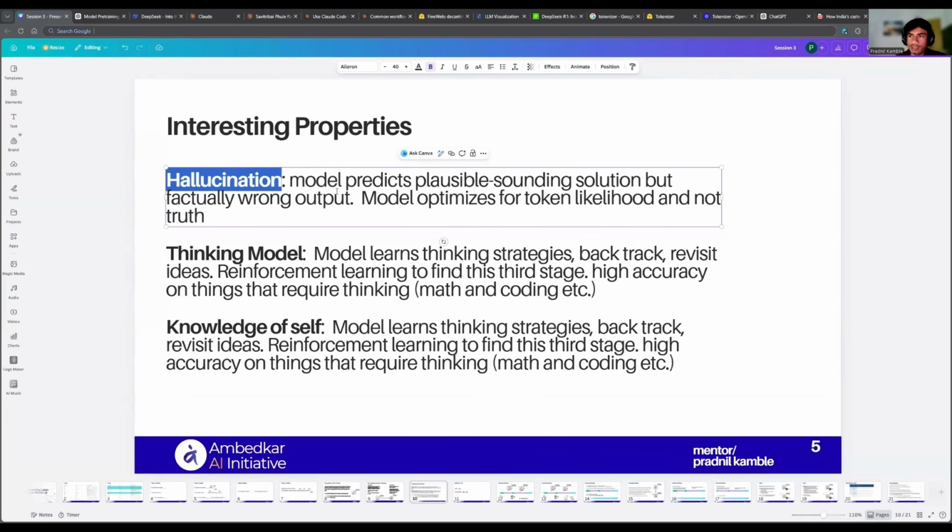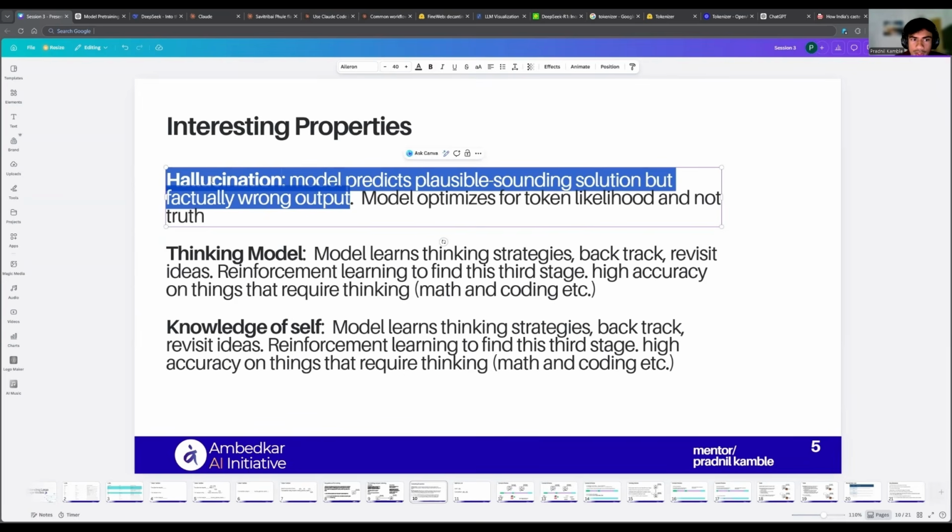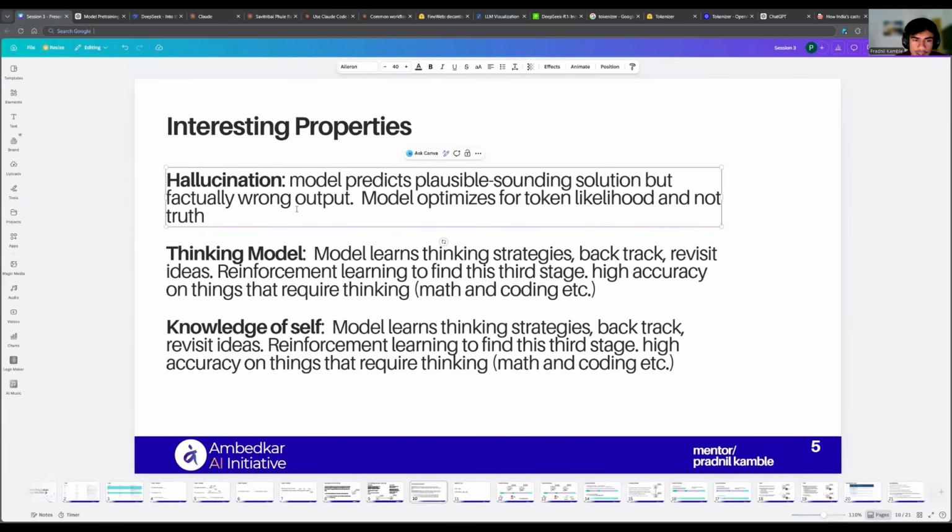It is lossy packed internet data. It gives you internet knowledge based on what you have asked, predicts the next word, and based on that it creates a response to your question. And it hallucinates. It predicts a plausible sounding solution, but the solution is factually wrong, and that is when we call it hallucination.